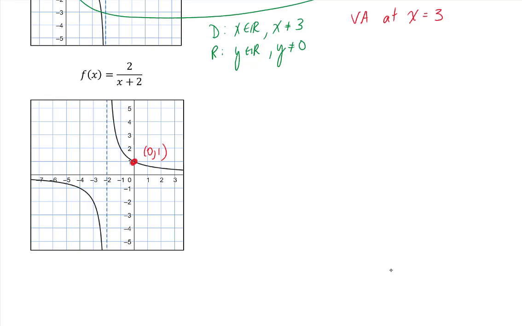This function is discontinuous at x equals negative 2. We can see from the graph there's a vertical asymptote at x equals negative 2. And if we look at the end behavior, as x goes to negative infinity or as x goes to positive infinity, we see that y goes to 0 again. So this tells us we have a horizontal asymptote at y equals 0.